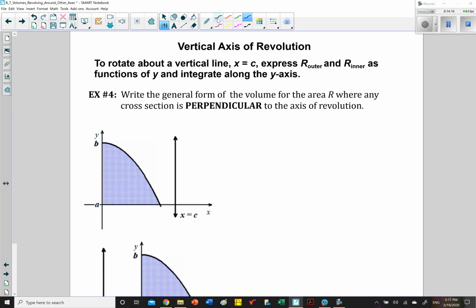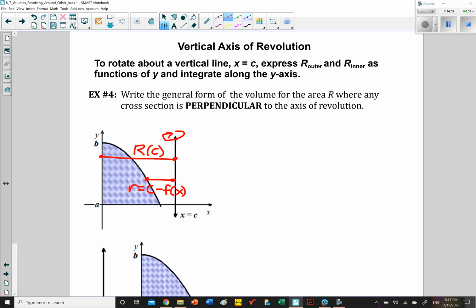So now our axis of rotation is going the other way. We're going to revolve around a vertical line. Our slices are going to be perpendicular to that vertical line. This is going to be our outer radius from the y-axis over to our axis of rotation. That's our R of C. And this is the inner radius, little r, is C minus the function.